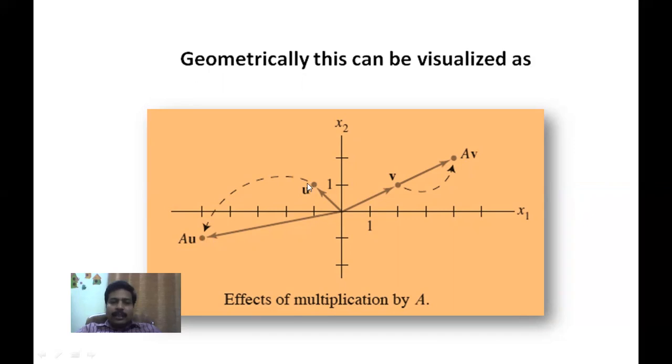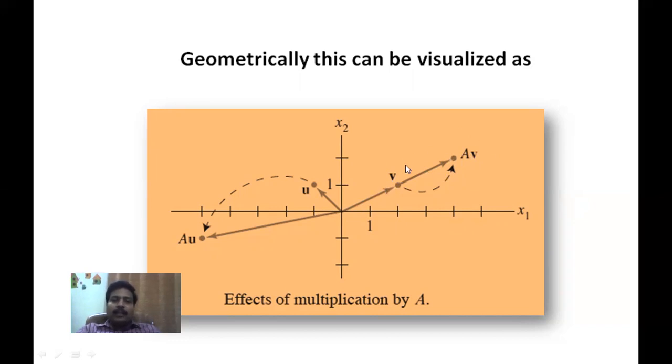So it is not in the direction of U. It is in a new direction. So A transforms U, but not in the desired direction. So U is not an eigenvector, whereas AV is nothing but an extension of V.